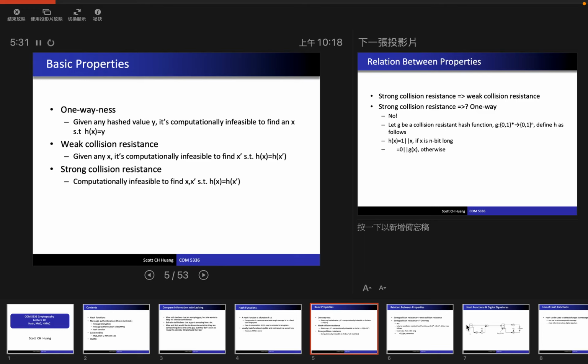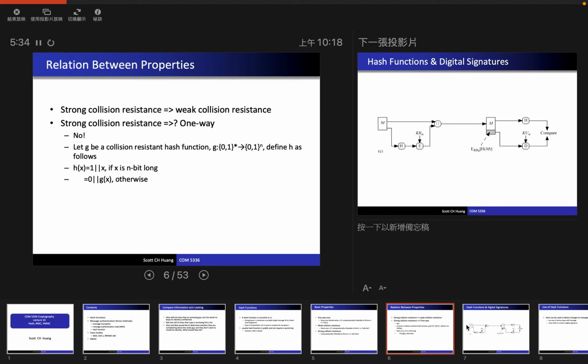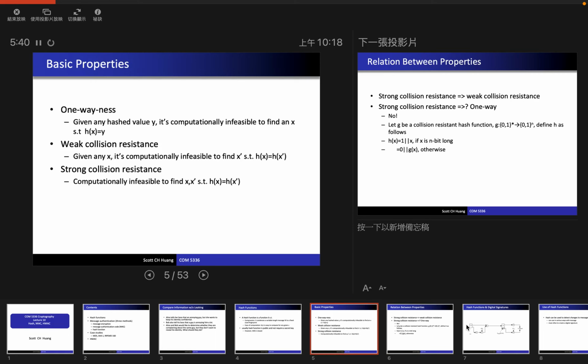It's not very obvious, so maybe we can think about it this way. We assume strong collision resistance, and then we can prove the weaker version is also true. The stronger version says we cannot find any collision at all, computationally.